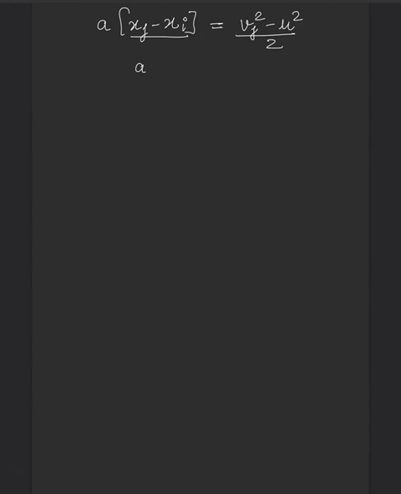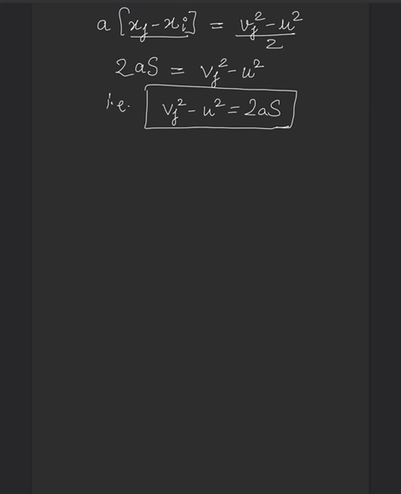So this is a s, and we multiply the 2 to this side, is equal to vf square minus u square. That is, vf square minus u square is equal to 2as. This is our third equation, equation 3.